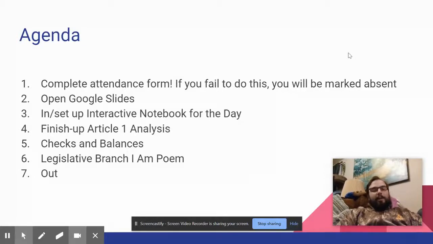And then we're going to spend no more than 10 minutes, maybe 15 minutes max, on checks and balances, which is a big part of the American government system. We will be talking about it more and more as we continue to learn about the Constitution. And then we will end with our legislative branch I am poem, which I will explain. And as always, you guys have an out. Let's get rolling.